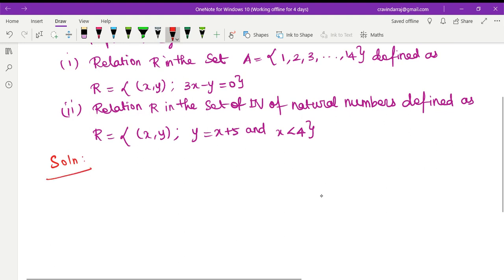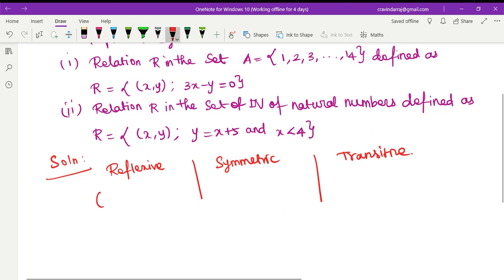Solution. Before we go to the solution, we should know what is reflexive, what is symmetric, and what is transitive. If a pair (a, a) belongs to the relation, that is called reflexive.